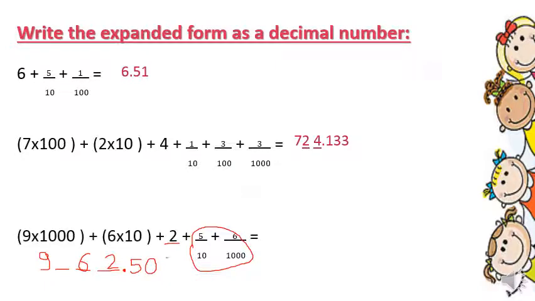So it is the third digit after the point, and we put 0 in the empty spaces. So the number will be 9,062.506.